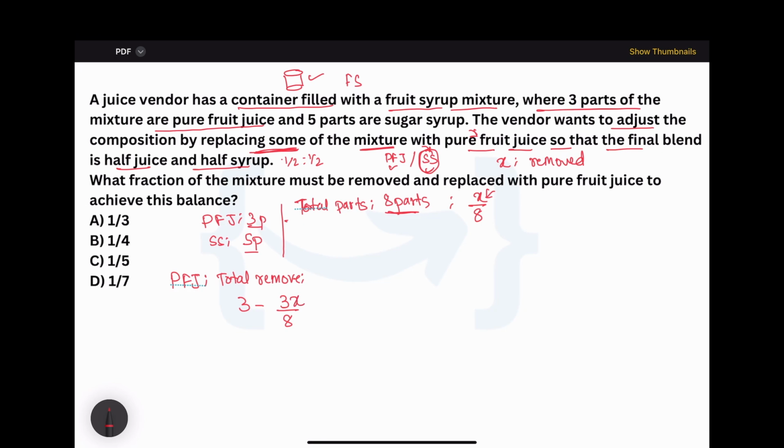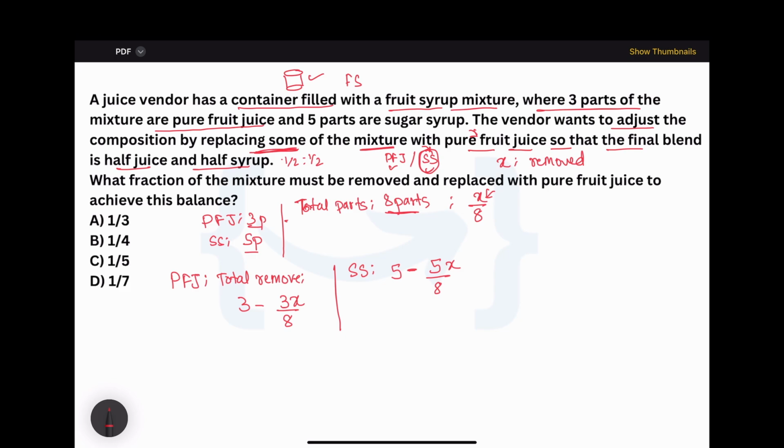So the total remaining here is 3 minus 3x by 8. And if I talk about sugar syrup, how much sugar syrup do I have? I have 5 parts of sugar syrup in total, 5 by 8 of my container, and I will be removing X. Very clear, not a problem.